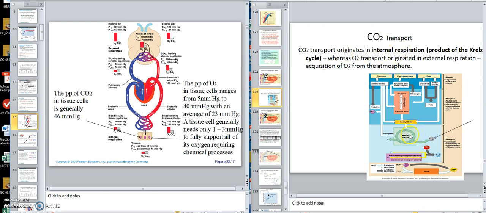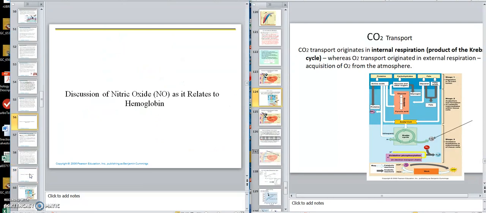CO2 is produced in the Krebs cycle in the mitochondria in these cells and exits. So we're starting here with the loading of CO2. Okay? So we're changing the scenario because of where CO2 is formed.